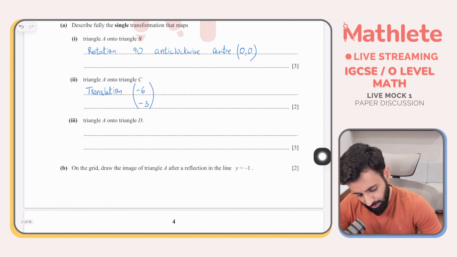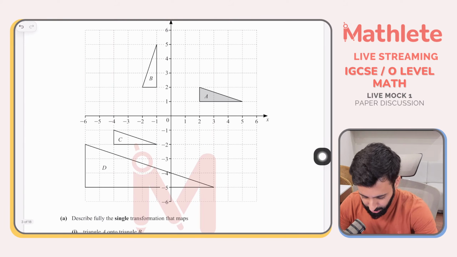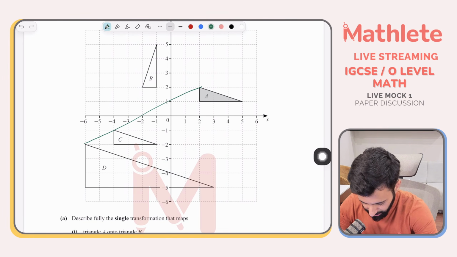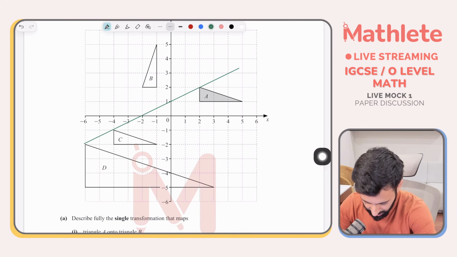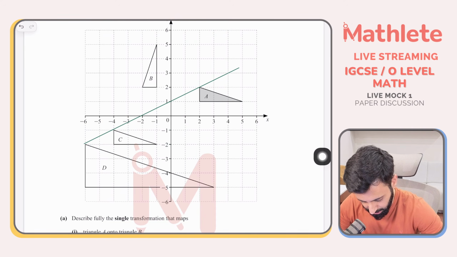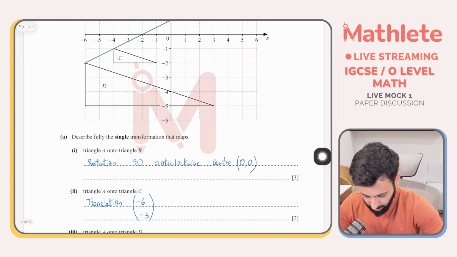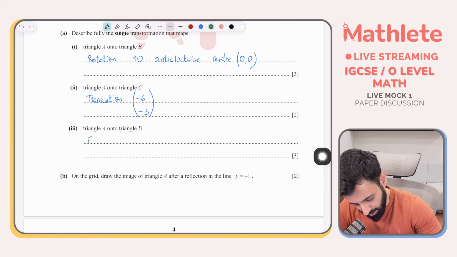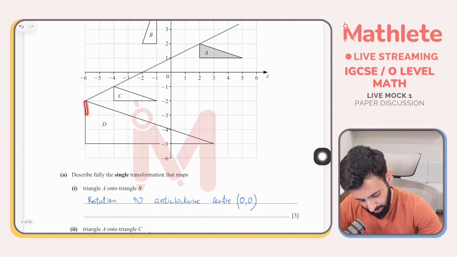Now, triangle A onto triangle D. So we start joining the points. Remember this is enlargement. So we already know that it's enlargement, so might as well write what we know. So A onto D, that means D is the bigger shape, so it's definitely enlargement. Now when you write enlargement, the next thing you need to write down is the scale factor.